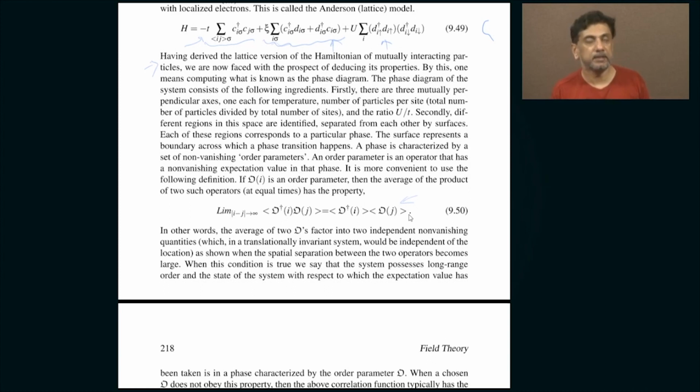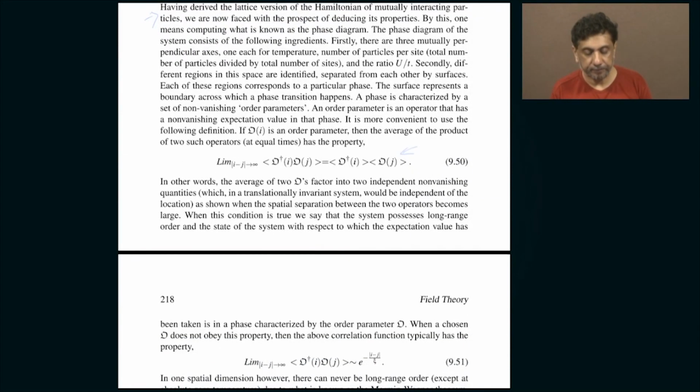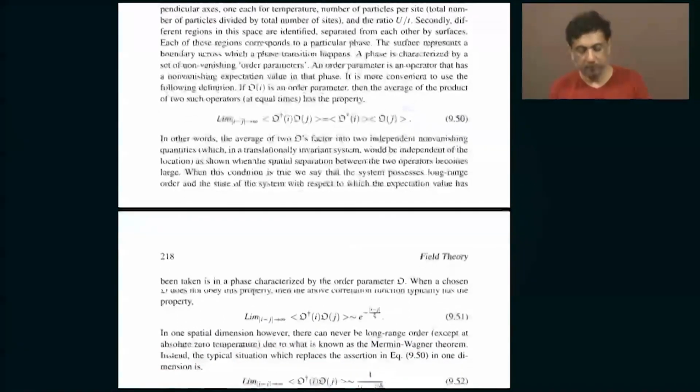That means the average of the product is the same as the product of the averages. In that case, we say that the system possesses long range order with respect to this order parameter.